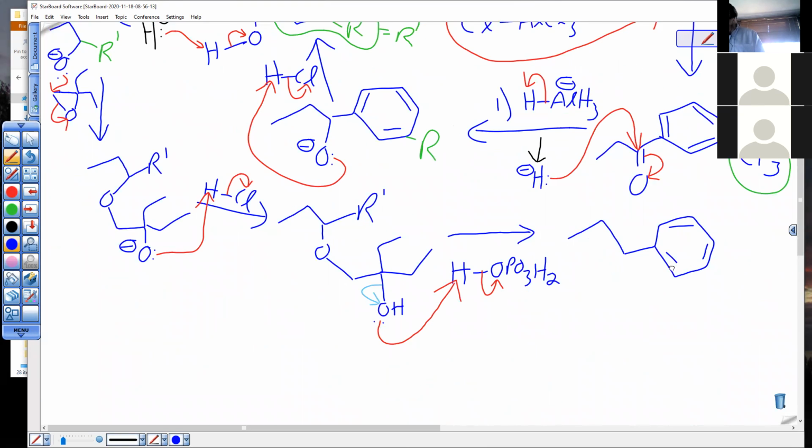So, oh boy, I'm losing my train of thought. I'm going to put the CF3 on top. And the O is here. Goes to a CH2, goes to a C, that's a cation. And we are ready for electrophilic aromatic substitution.